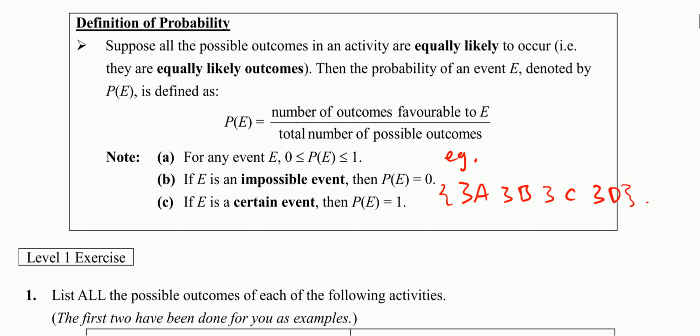Since you don't know what class you will attain, you have 4 possible choices.